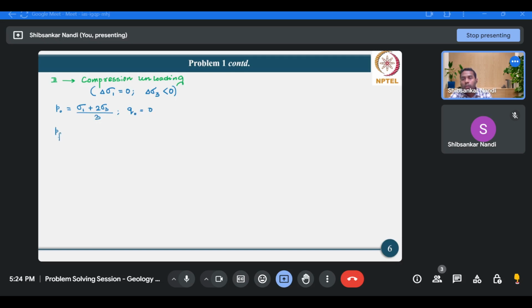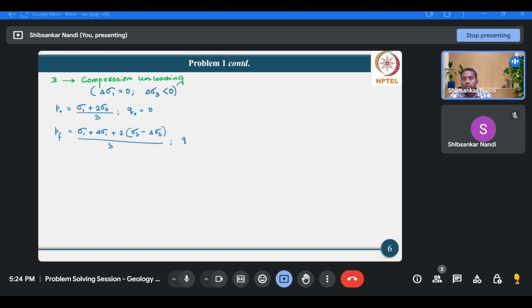If we calculate PF first, PF will be sigma 1 plus 2 sigma 3, then your delta sigma 3 is decreasing, divided by 3.